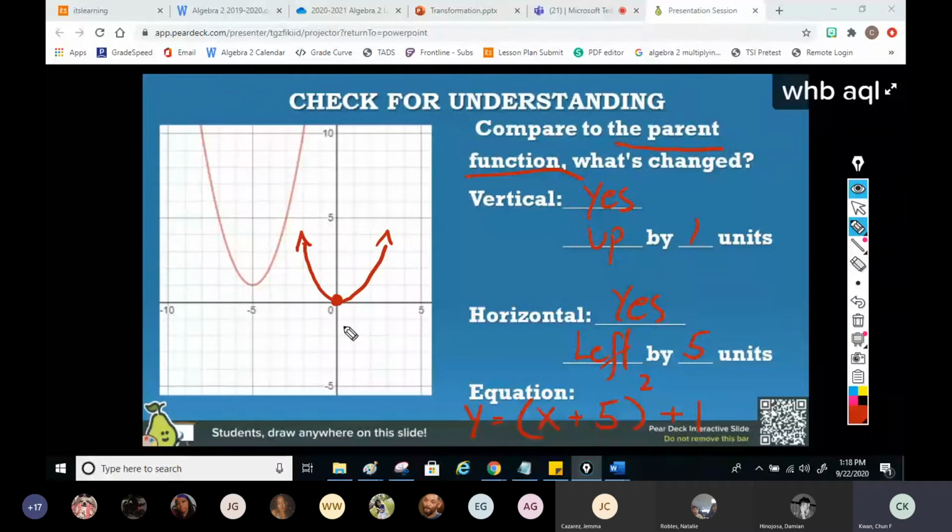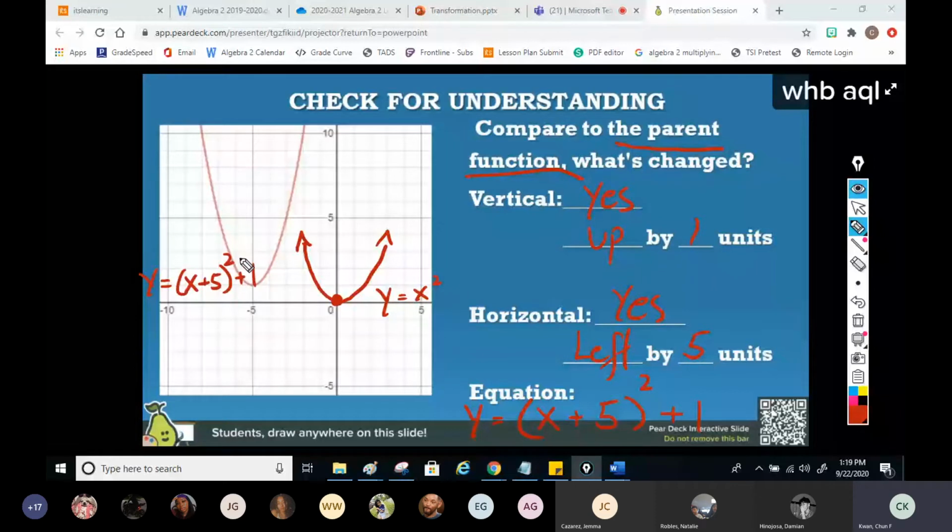Comparing with the original, y equals x squared, there's no number in between x and the square, and no number in the back. But the new one is shifted to the left by 5 units. That's why we have a plus 5. And it's been shifted up by 1 unit.